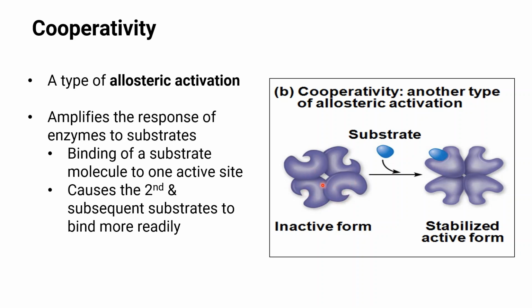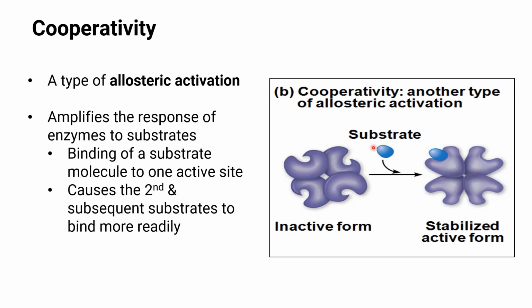Here you can see the inactive form shown on the left oscillates with the active form when the active form is not stabilized by substrates. This mechanism amplifies the response of enzymes to substrate.